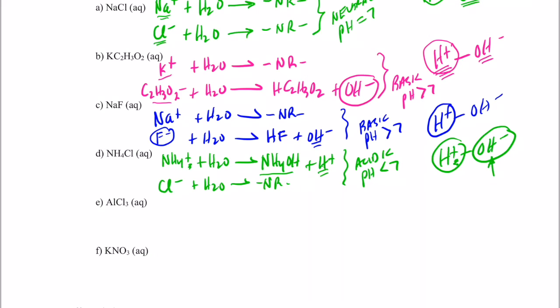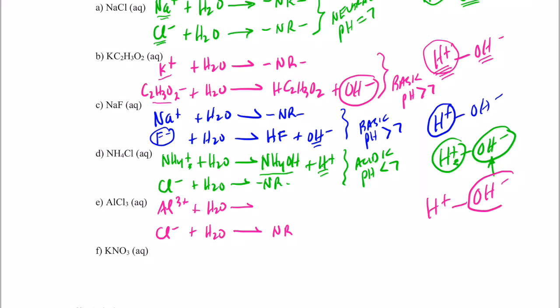All right, welcome back. AlCl3. Let's see, we have Al3 pluses and Cl negatives in water. Well, I'm just going to do the Cl negative first because we beat that to death. That will not react with water, will it? HCl does not exist as a molecule in water. However, Al3 plus, let's see, H plus and OH negative. Will the Al3 plus react with the hydroxides?